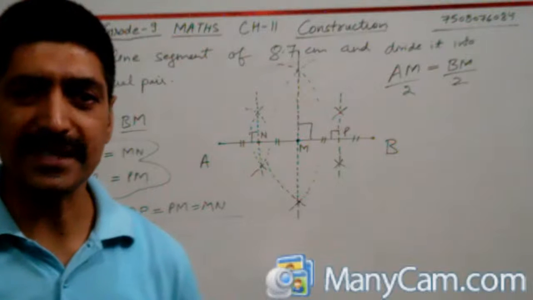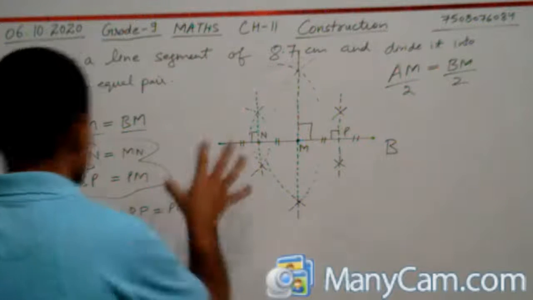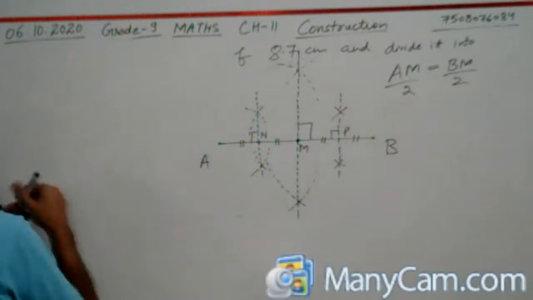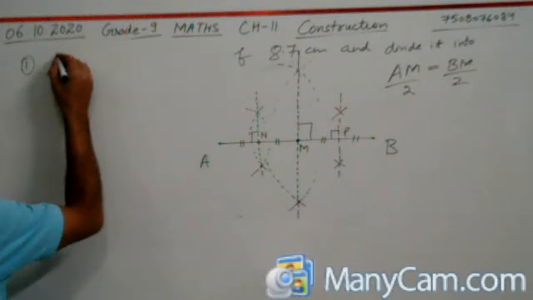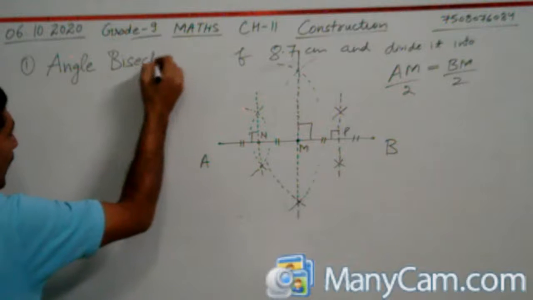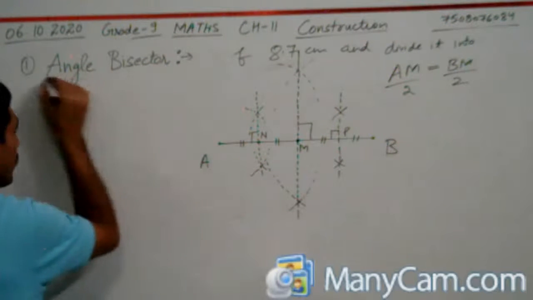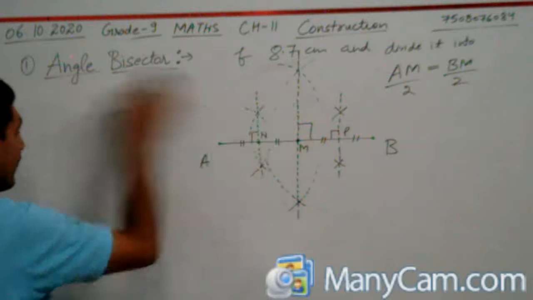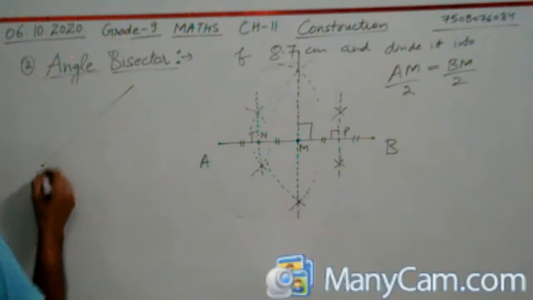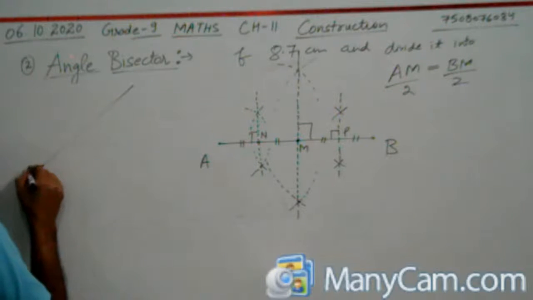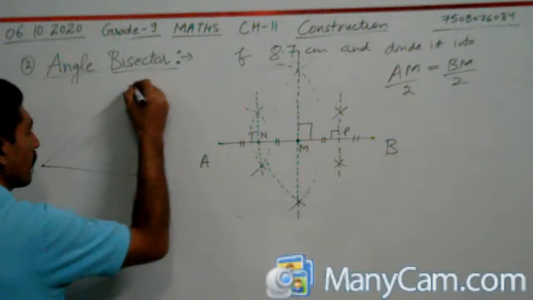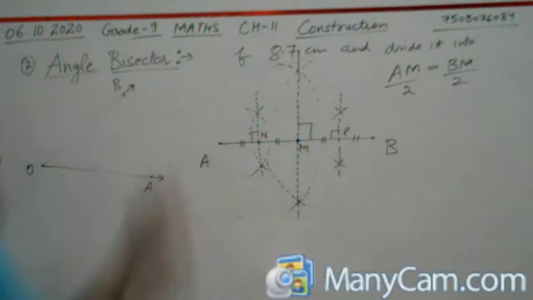Another is the angle bisector. I hope you are all clear with the perpendicular bisector, and second we will discuss the angle bisector. If I have one angle with a point like O, and the angle is AOB, how do we divide it into equal angles?